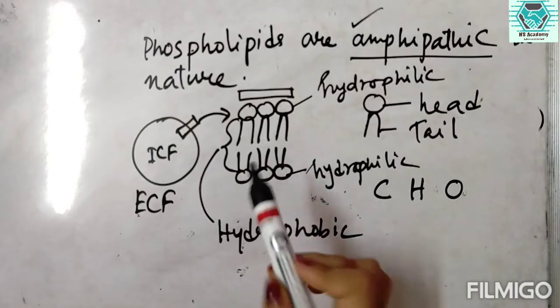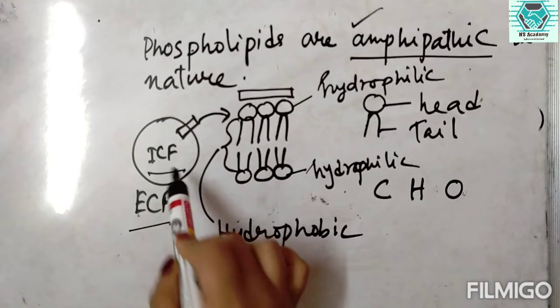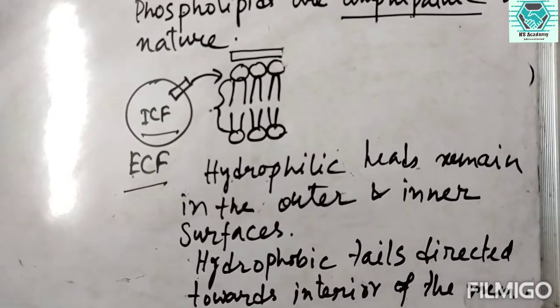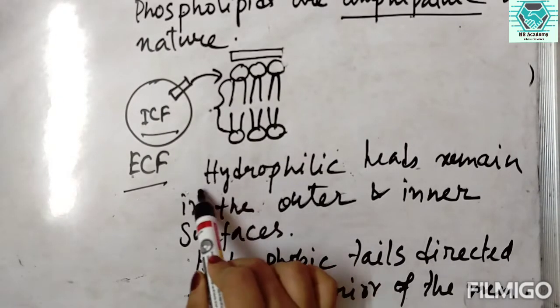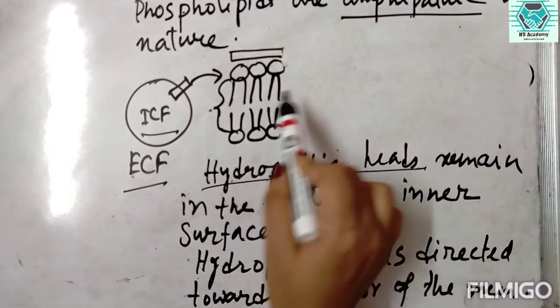So the heads are adjacent to the ECF and ICF, as they have the hydrophilic nature, whereas the tails are hydrophobic and they form the core of the lipid bilayer. We can say that the hydrophilic heads remain in the outer and inner surfaces facing the ECF and ICF, and hydrophobic tails directed towards the interior of the membrane. Okay, this portion.